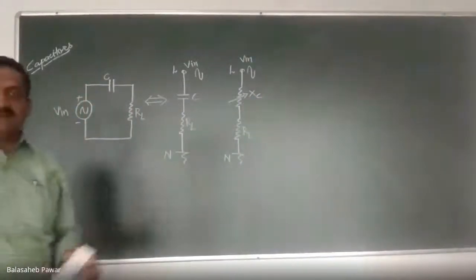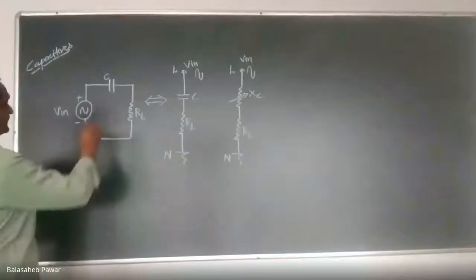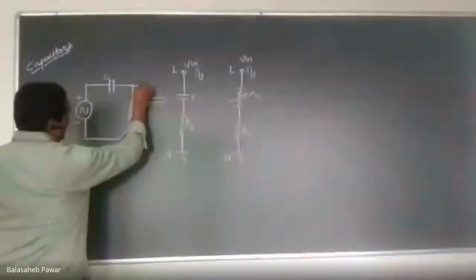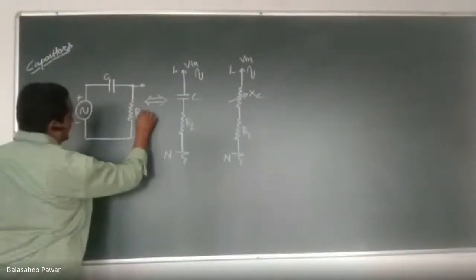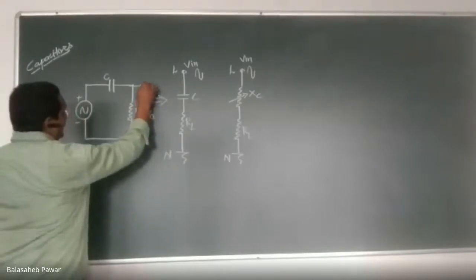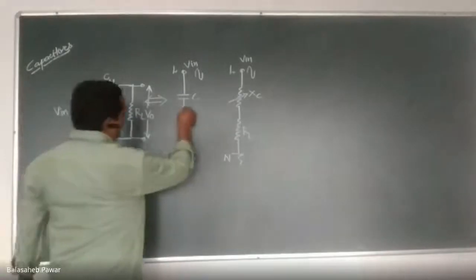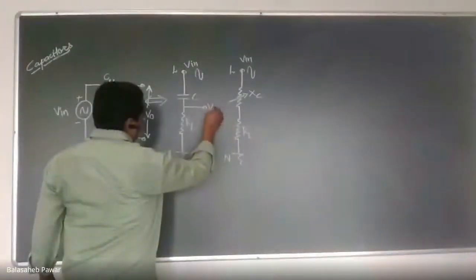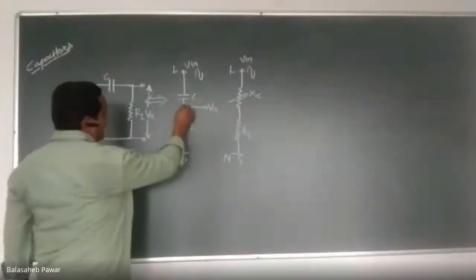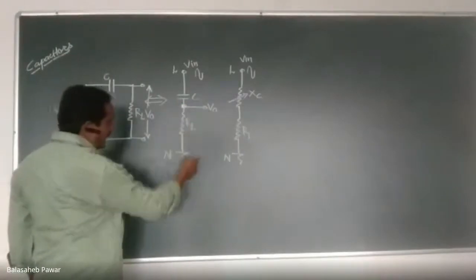Is it visible again? We will check the output voltage or output signal across this RL. That means we will observe that output over here, across RL with respect to neutral by default.